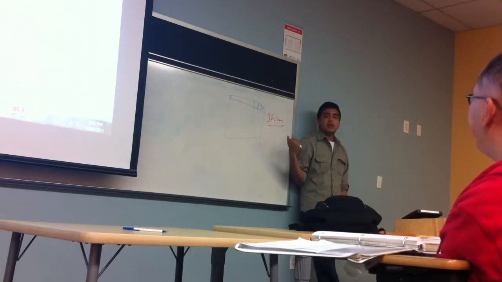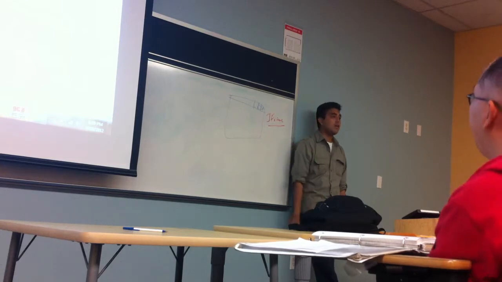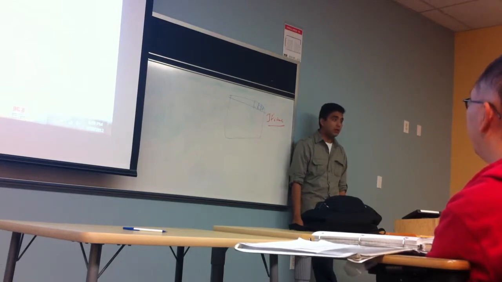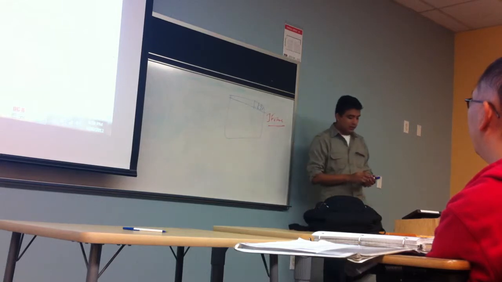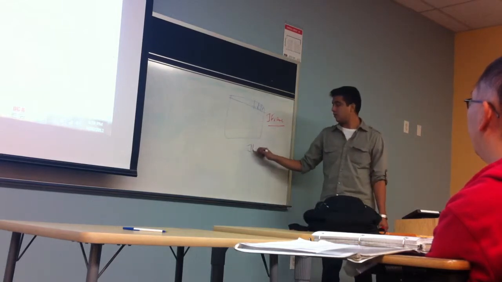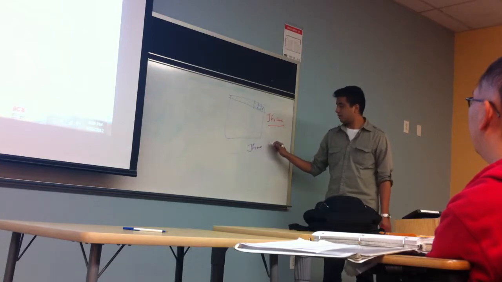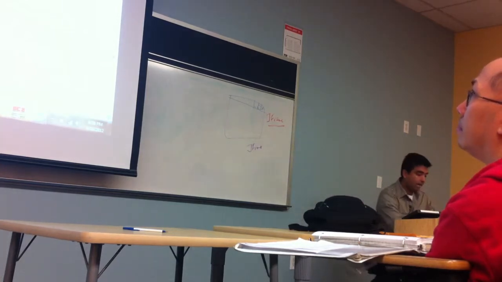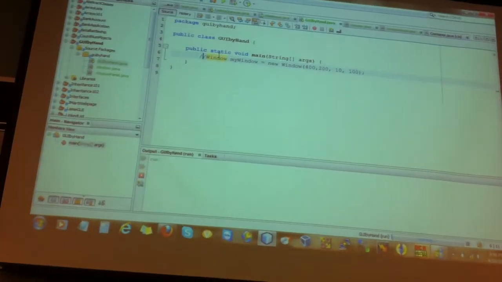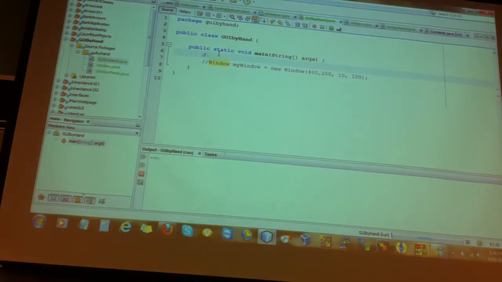However, sometimes we would like to add extra behavior to our window, right? So we can create an object JFrame, something like this. Let me do it here in the code to show you what I mean. Something like this.